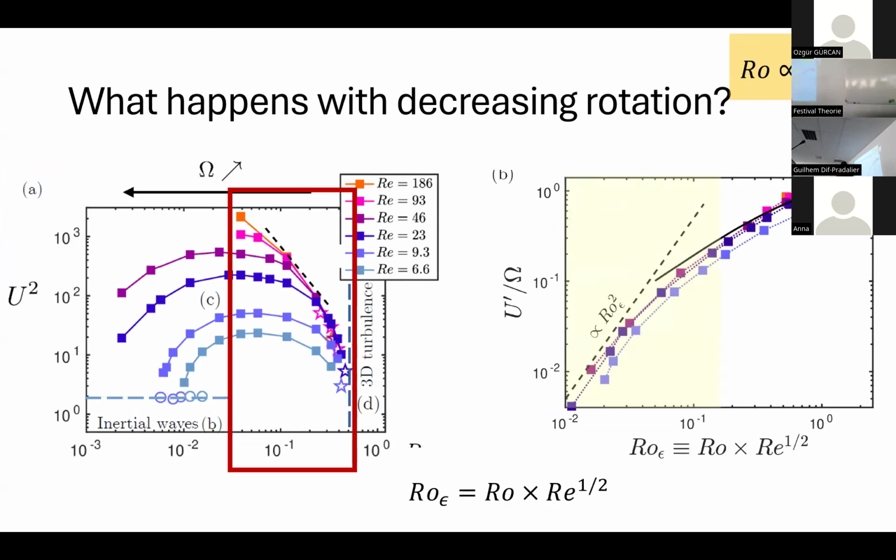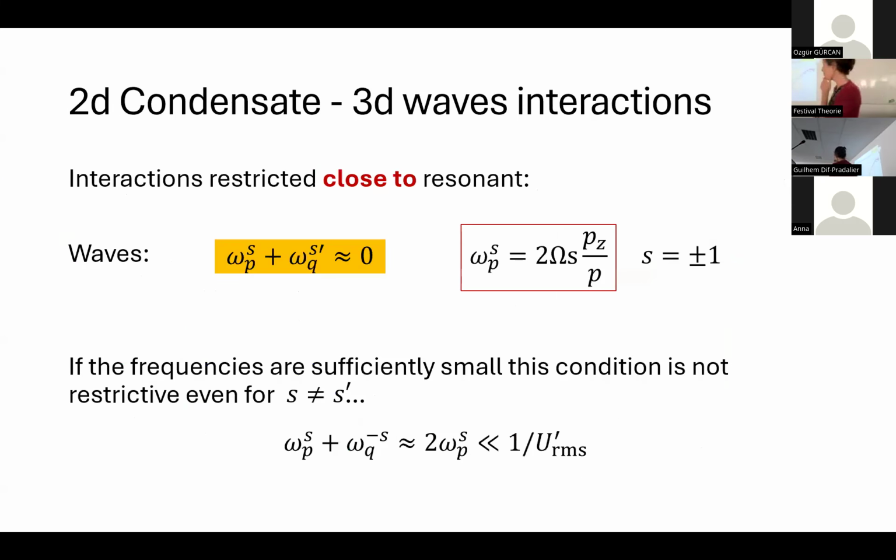So this was a story about what happens to modes as you increase rotation, and you lose the energy in those that are resonant. But you can also ask what happens when I decrease rotation. What happens here is you can actually again break this condition in a different way.